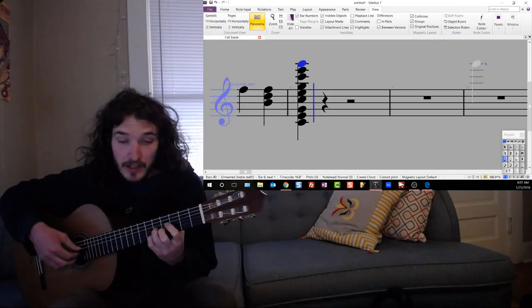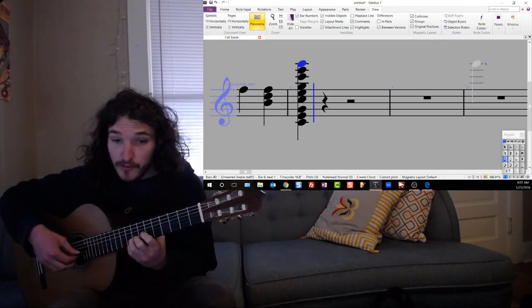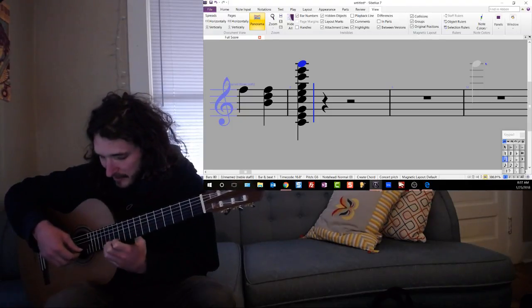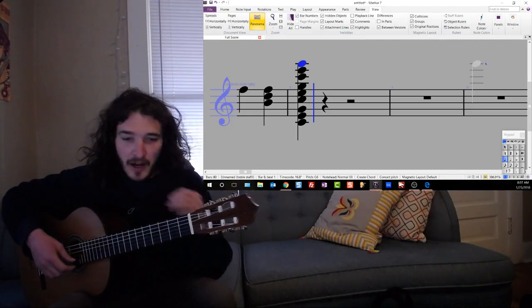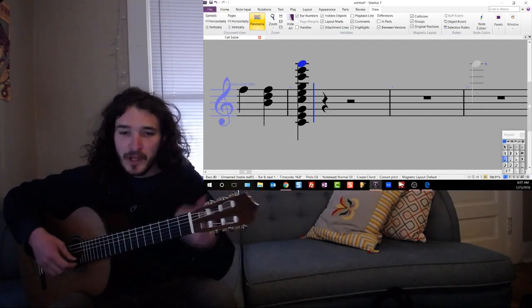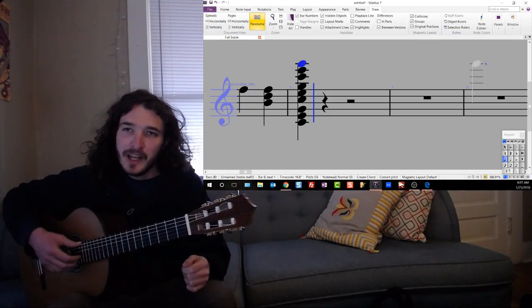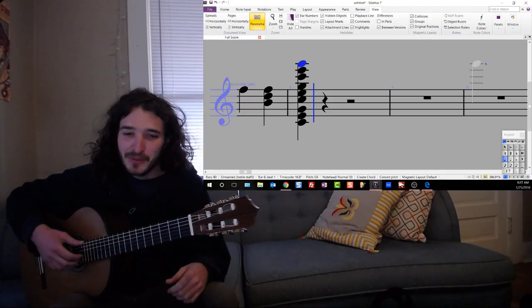And then a 3, and then another 3, and then another 4. And then we get another 3, and we get another 3. Right, so that brings us all the way up. The arpeggio. We can arpeggiate any chord. So you just have to remember 3, 3, 4, 3, 3, 4, 3, 3, 4.